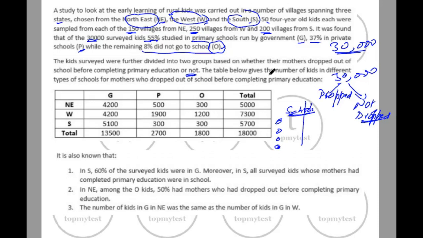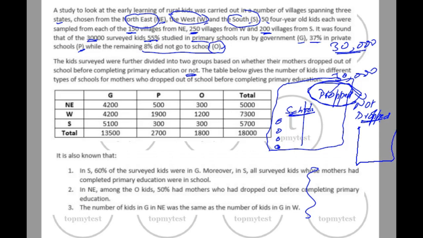The table below gives the number of kids in different types of schools for mothers who dropped out. So the table is for the people who dropped out. We know the total is 30,000 and we have some information from which we can make out a table for people whose mothers did not drop out, and when we add these two we'll get the total 30,000.